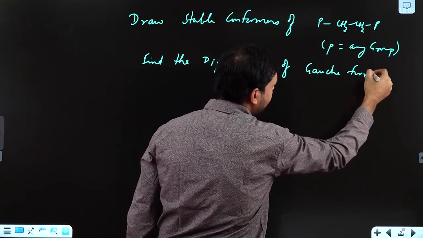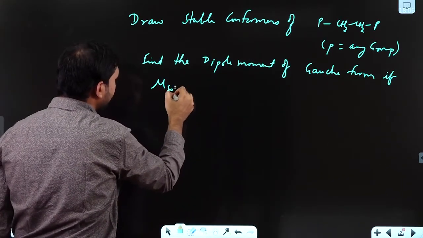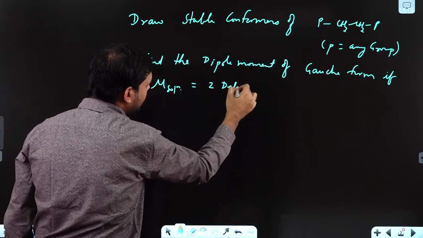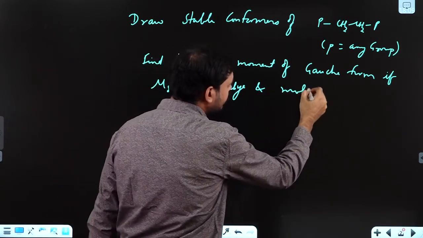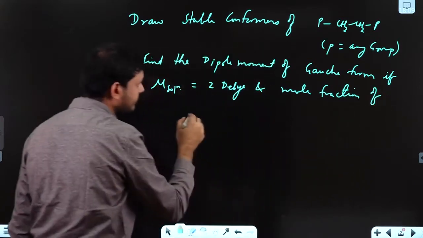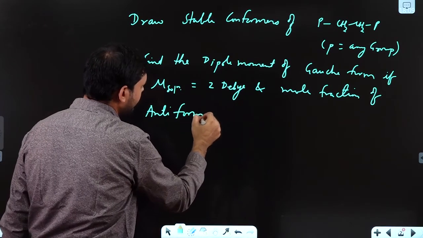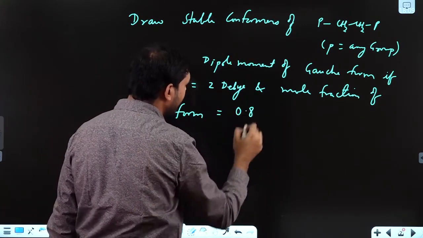So in this case, find the dipole moment of gauche form if mu of solution is given as 2 D and mole fraction of anti form equals 0.8.